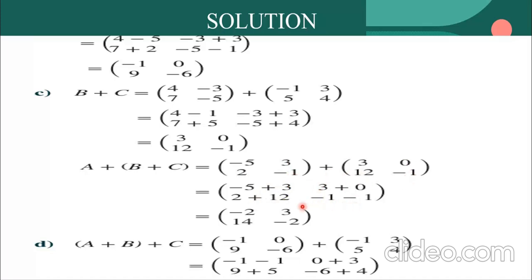Let's see the results. This will give us minus 2, 3, 14, and minus 2.